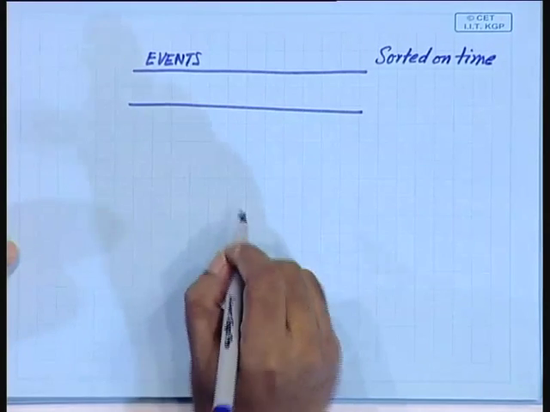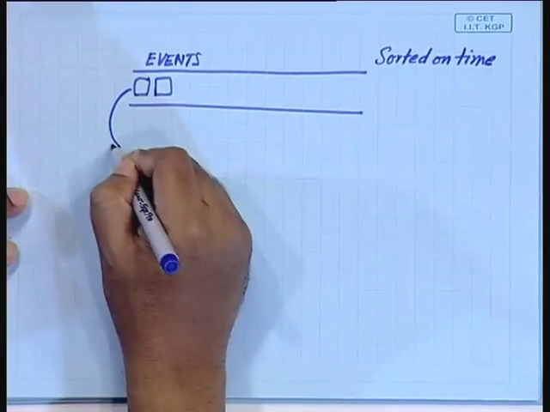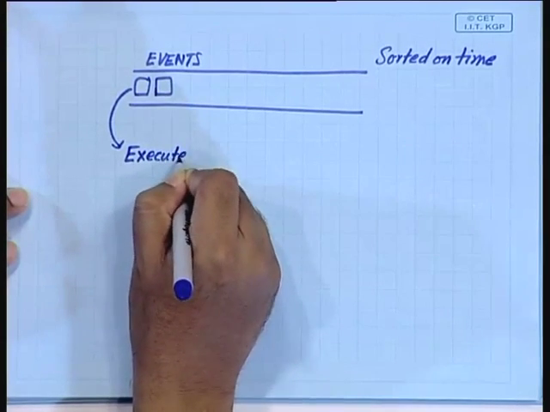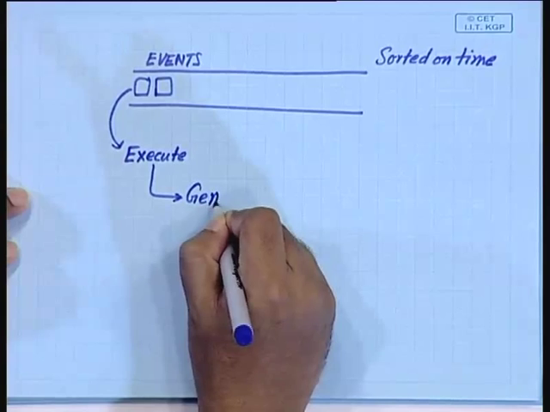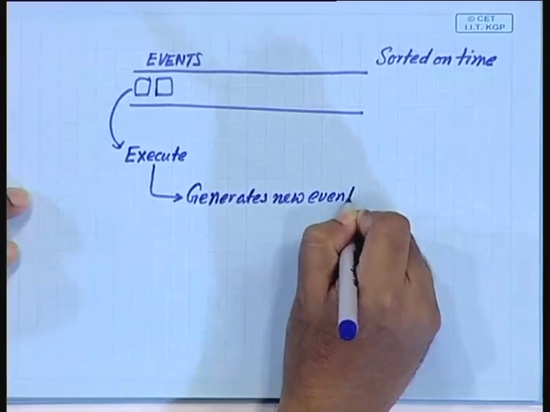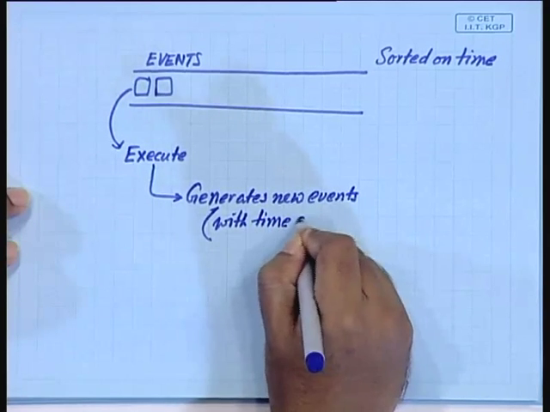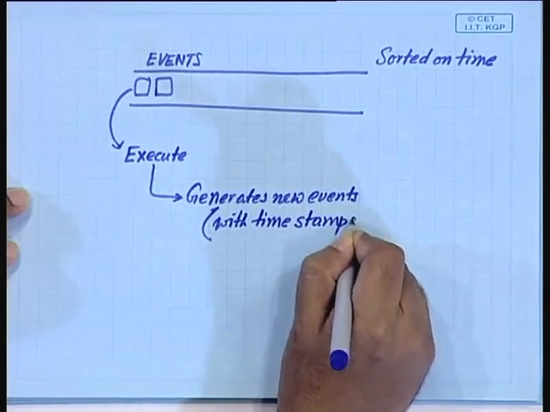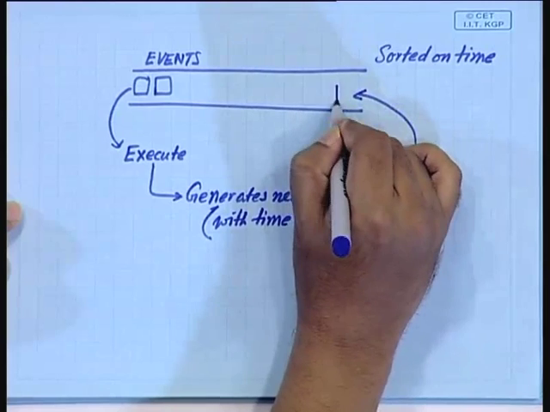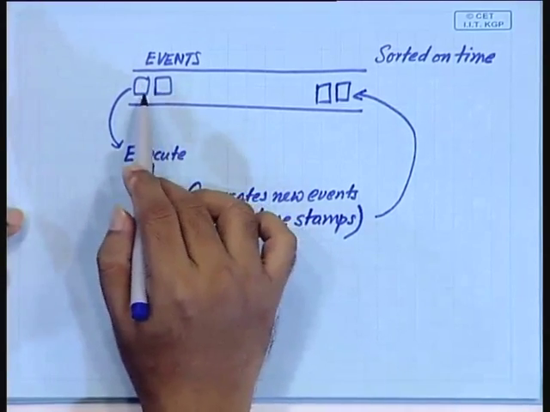Now, what we do is we take out events from this, then execute those events, which in turn generates new events, with timestamps, and then these events are again pushed back into the event queue, and these events are sorted on time.